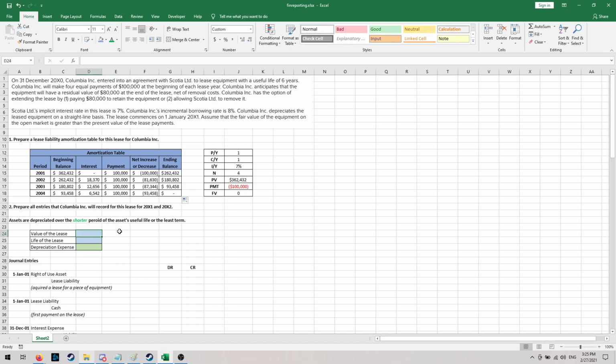So we get that number by taking the value of the lease, and we can just link this right here to the PV, plus the life of the lease. And if we want, we can actually just link that to the number of payments to get the depreciation expense. To get that, we're going to divide the value by the life. This is straight line depreciation because it doesn't really say it isn't.